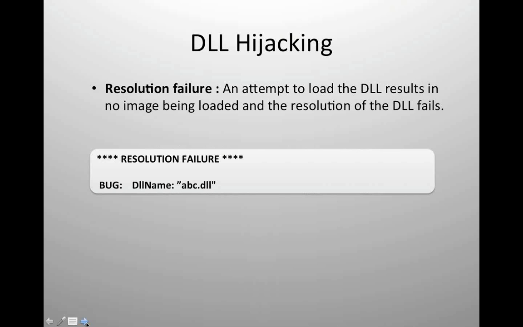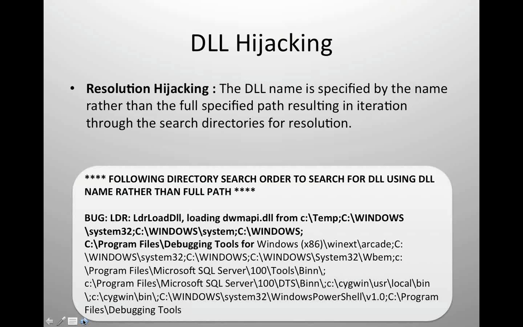Now let's get to another situation. The second scenario is resolution hijacking. What is happening? Here in my code, I am asking the OS to search for this particular DLL.